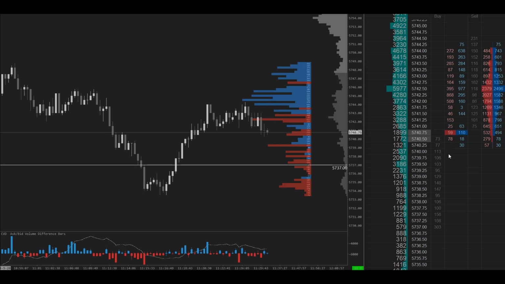Okay, it's taking a while. Okay, it should be pretty soon. I'm going to watch the DOM as it breaks. This is where we want to see it bounce and reclaim.